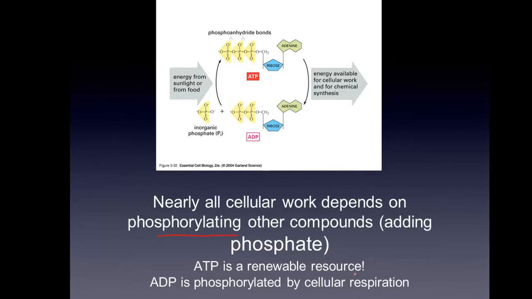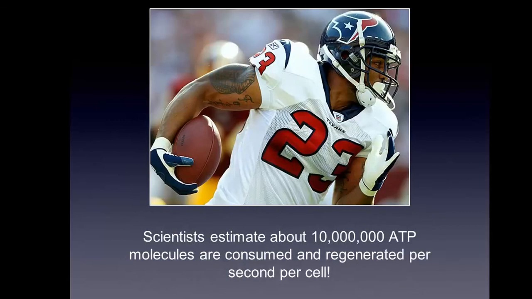Phosphorylating is a fancy way of saying adding phosphate. Yeah, that's what we were just talking about. And because this is a cycle, you could say that ATP is a renewable resource. And this is happening right now in the mitochondria of your cells.